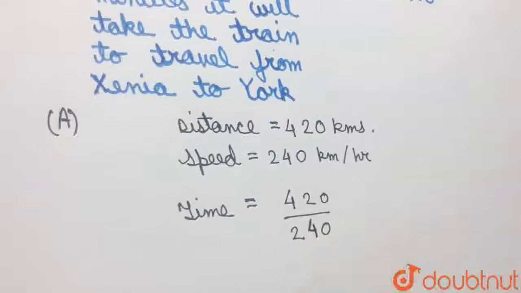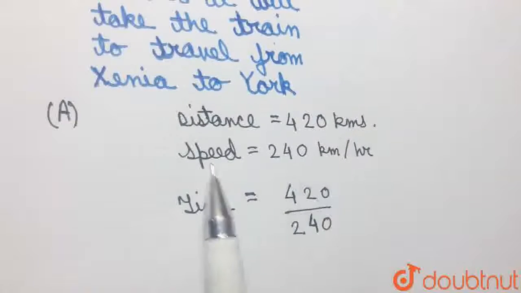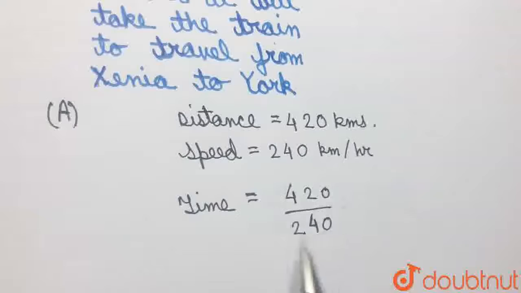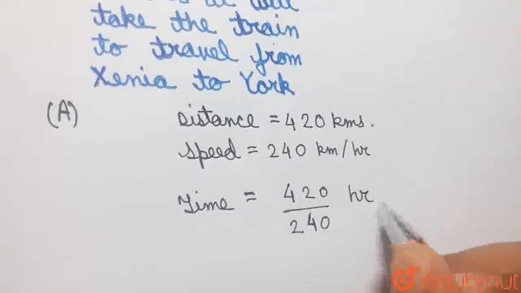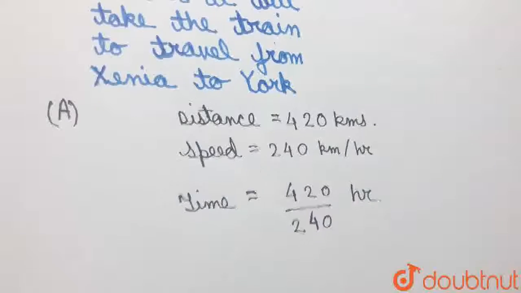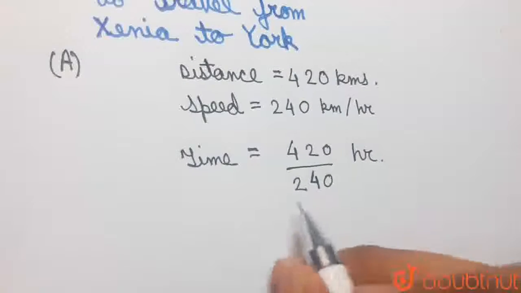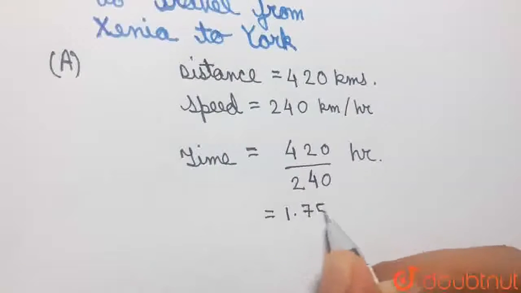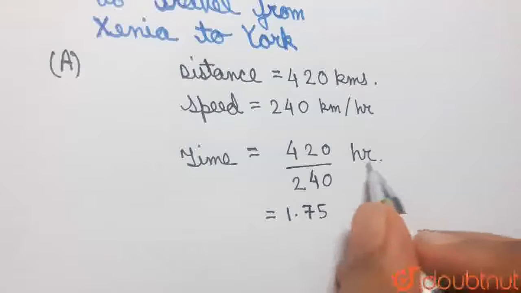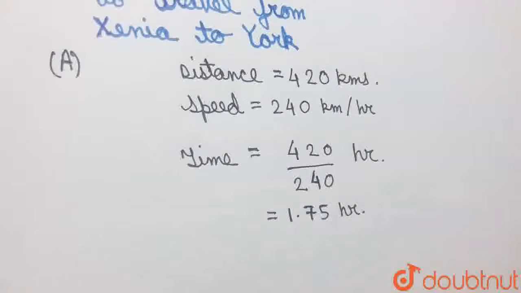Now as the distance has been given in kilometers, whereas the unit of speed is kilometers per hour, the time obtained is going to be in hours. So 420 divided by 240 when calculated comes out to be 1.75, and as discussed the unit is going to be hours.